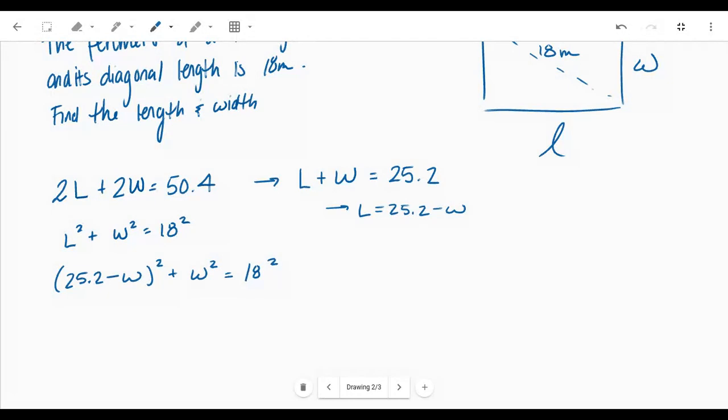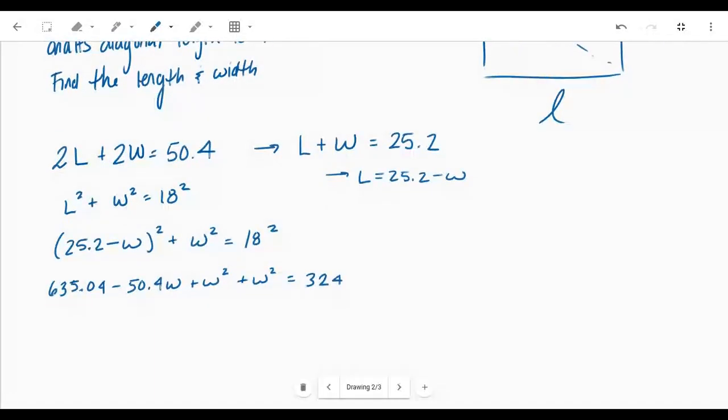Okay, and so we can expand everything out. This will be 635.04 minus 50.4W plus W squared equals 324.